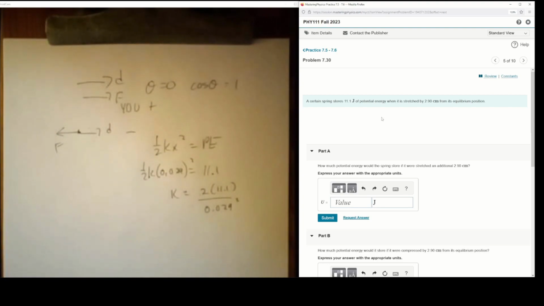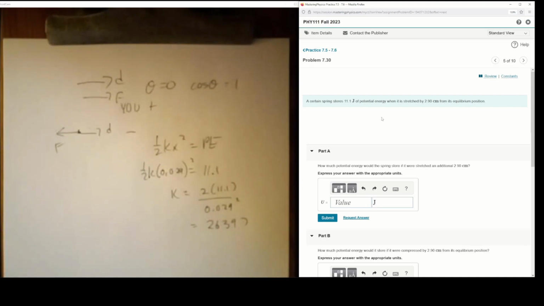And that's what I'm going to plug into my calculator to determine k. And that is a pretty large value.